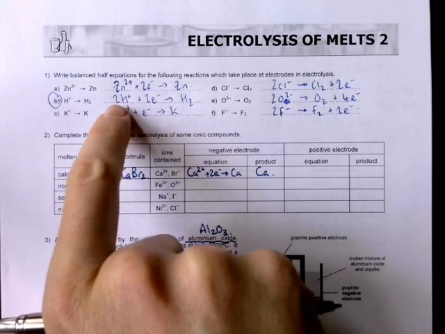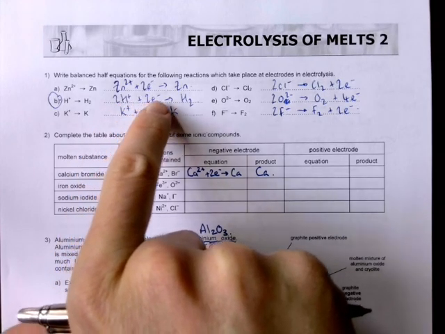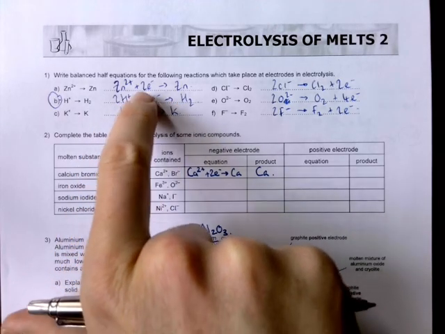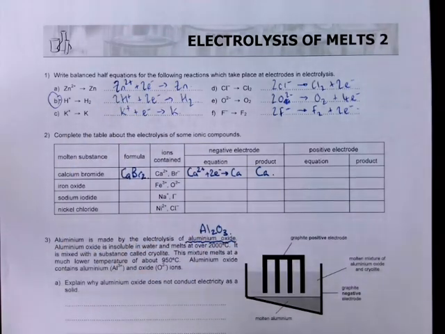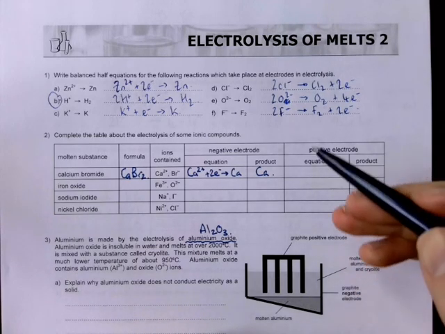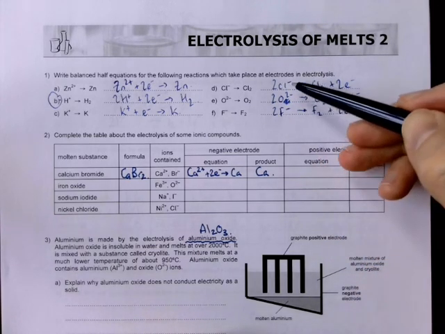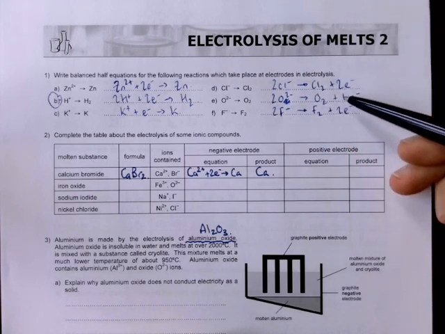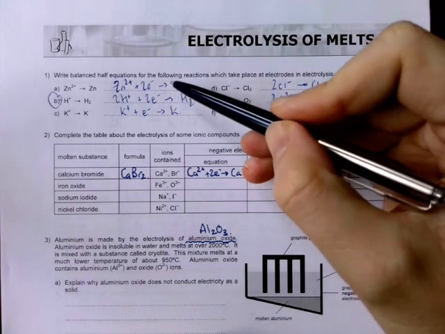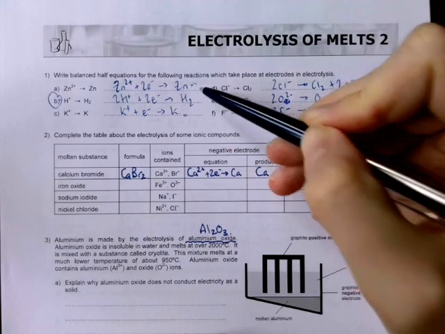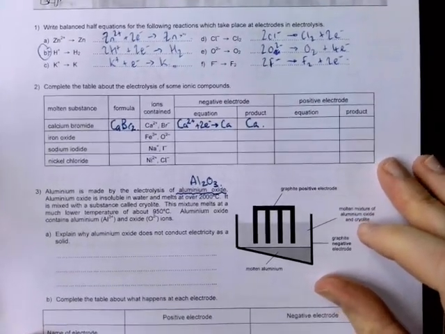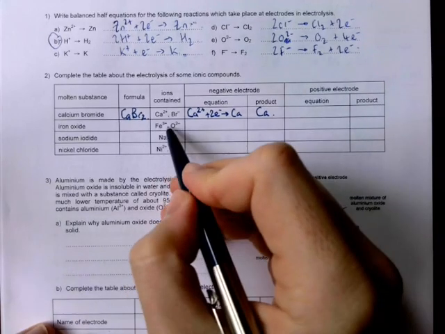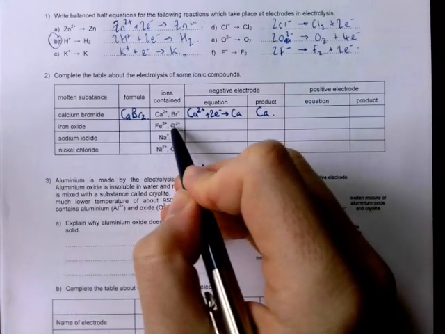So the hydrogen ions gain electrons to form hydrogen molecules in the same way that a metal does. All right, and that'll become important when we do the electrolysis of solutions later on. All right, but all the other ones, they're all just your normal. If it's a non-metal, they lose electrons in oxidation, and if it's a metal, they gain electrons in reduction. Okay, and then for these ones, the only difficult thing here is to make sure that you're getting these formulas right.